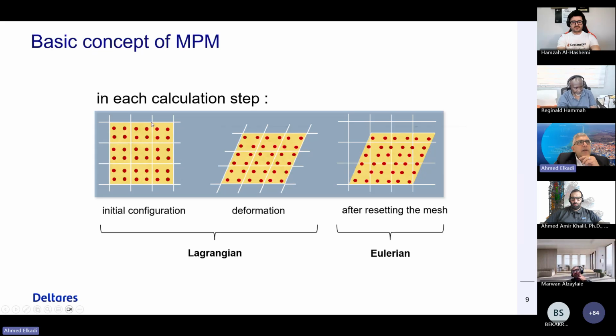What happens is that we calculate at the integration points, and the mesh is calculated and deformed, and this deformation is translated to the particles. The deformation takes place, and then the mesh itself is reset, and the particles keep their new location.